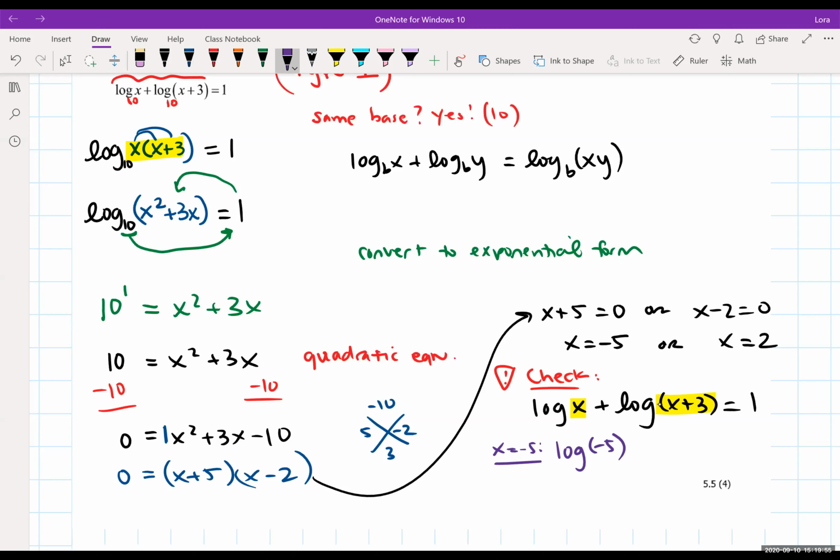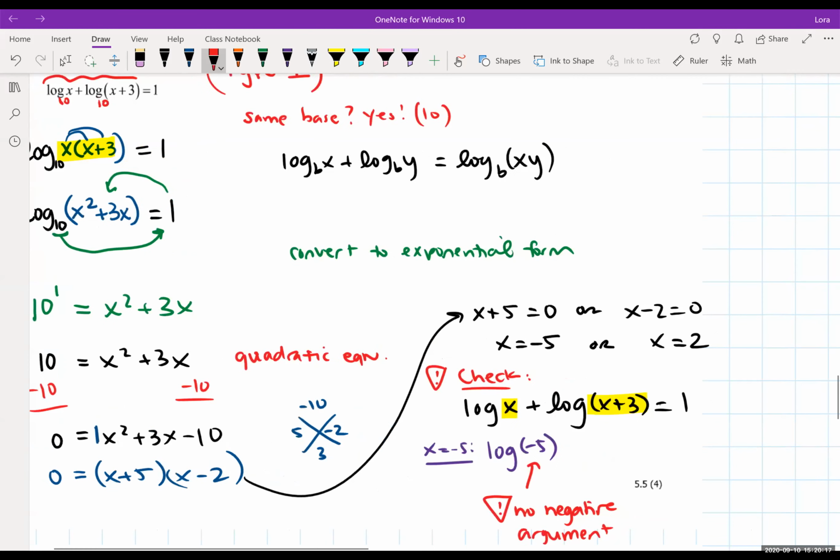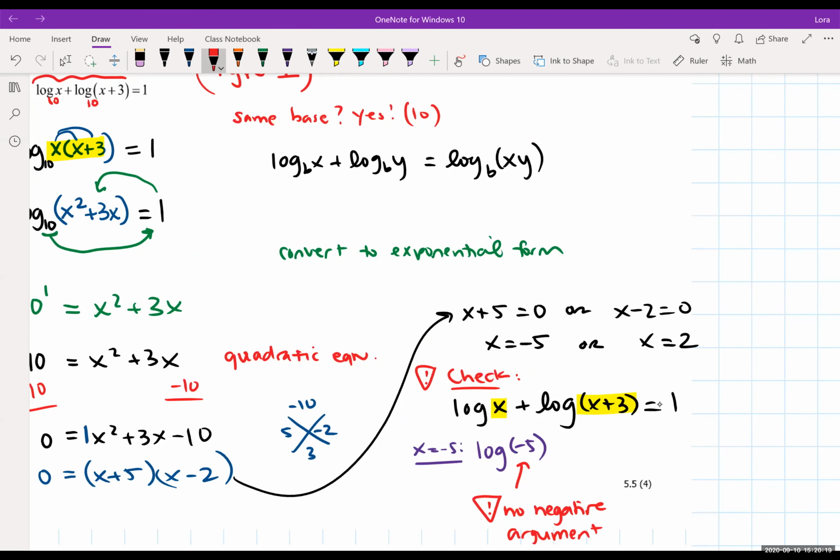You get an error. The issue is that the log argument was negative. By definition of log's exponents, you're not allowed to have a negative argument. You can have a negative solution to an equation, but not a negative argument. So I don't have to continue plugging it in. The fact that it made one of the logarithms have a negative argument, it's safe enough for me to say, I can't use this solution. So I need to throw out x equals -5.